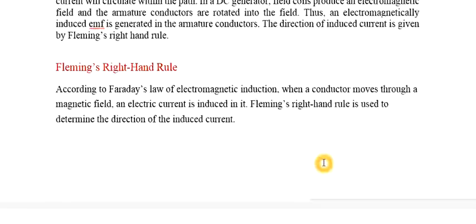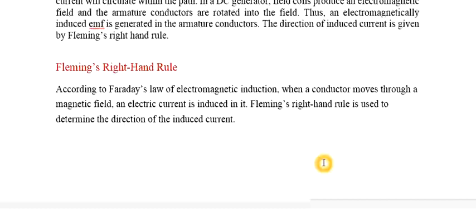Right. So you remember this is the right hand rule and it gives you the directions for DC generator. So what is that? As you know, as per Faraday's law of electromagnetic induction, when a conductor moves through a magnetic field, an electric current is induced in it. And Fleming's right hand rule is used to determine the direction of the induced current.